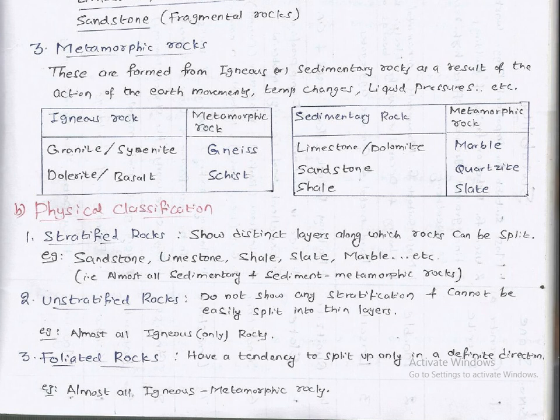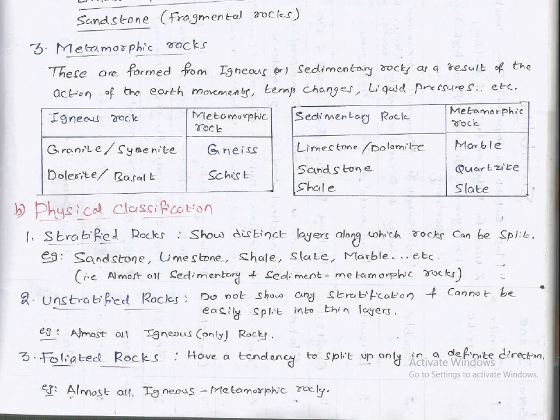Physical classification. First, stratified rocks show layers along which the rocks can be split. Examples: sandstone, limestone, shale, slate, marble, etc., almost all the sedimentary and metamorphic rock.